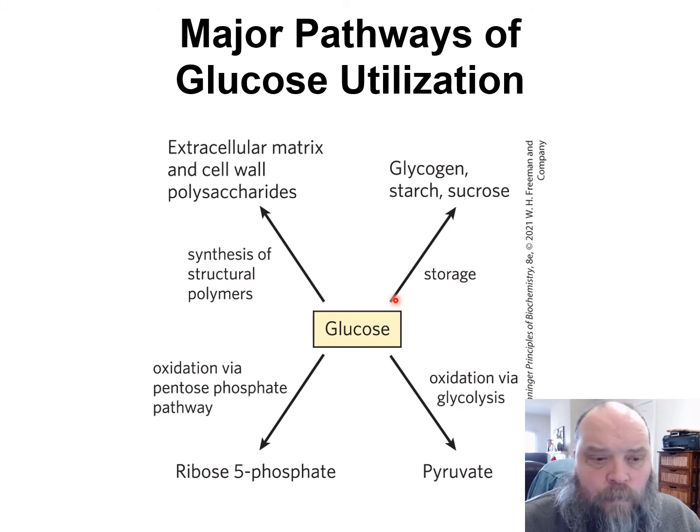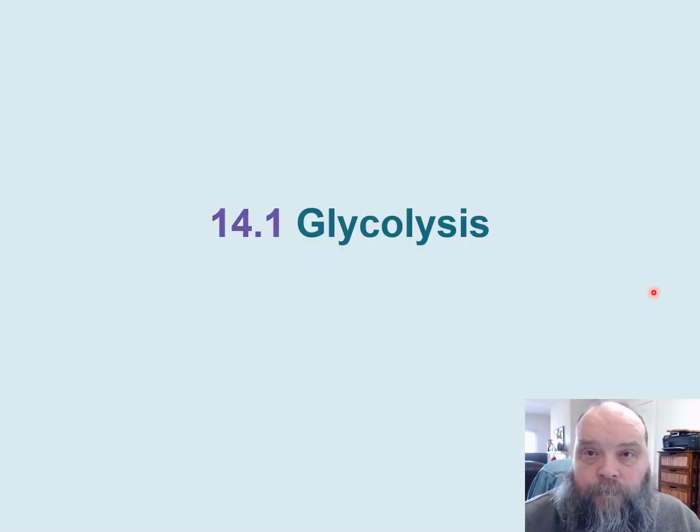And rightfully we should, because glucose is a central molecule that is going to be utilized in so many other aspects of cellular metabolism that aren't just energy production via pyruvate going to the mitochondria for citric acid cycle and oxidative phosphorylation. But we'll get to those later in this chapter and in other chapters.